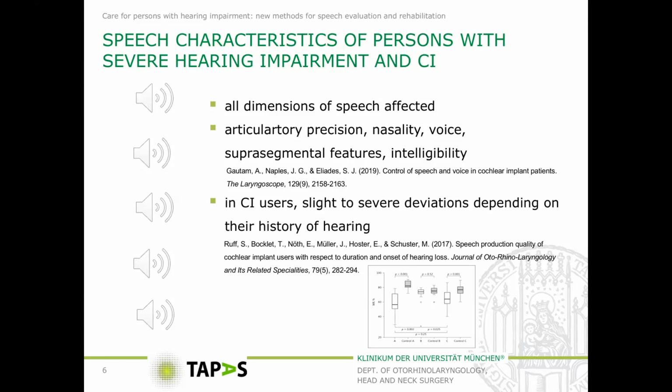So what we know about the speech of the hearing impaired is that they have some articulatory precision problems, nasality is affected, voice, suprasegmental features, and intelligibility are affected. About breathing, I haven't seen anything yet, but have a look later into rhythm, for instance.